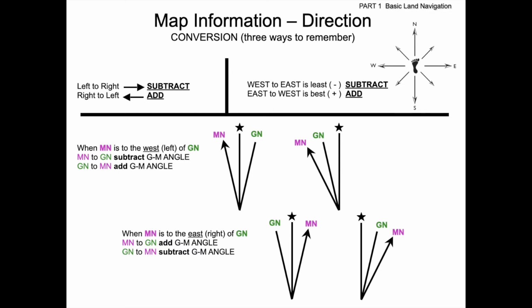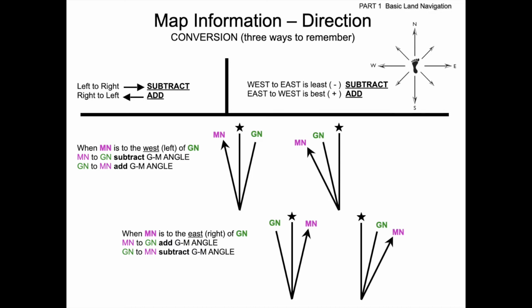When magnetic north is to the west or the left of grid north, magnetic north to grid north, we subtract, right? That's that left to right, okay? We subtract. Or the west to east is least. I like that. So grid north to magnetic north, you're going to add the GM angle, right? And the way this looks when you're actually converting, we talked about it last slide, was 24 degrees, right?